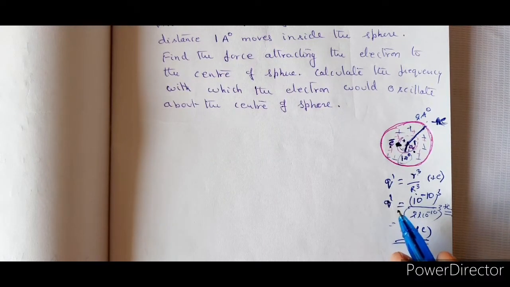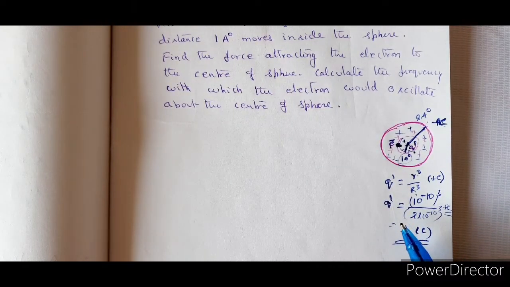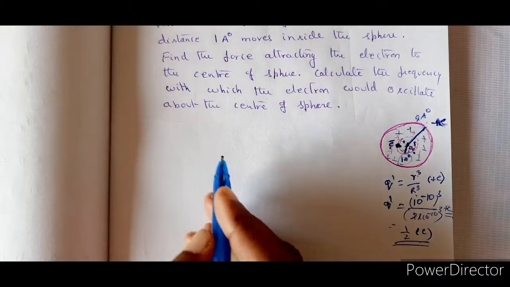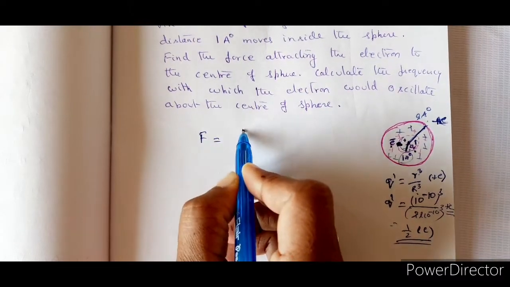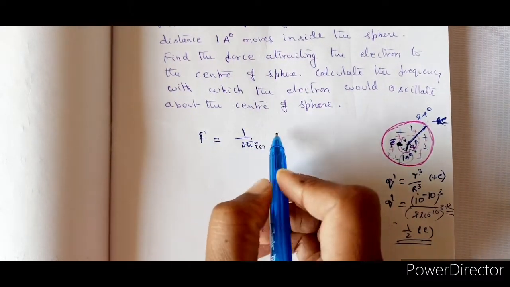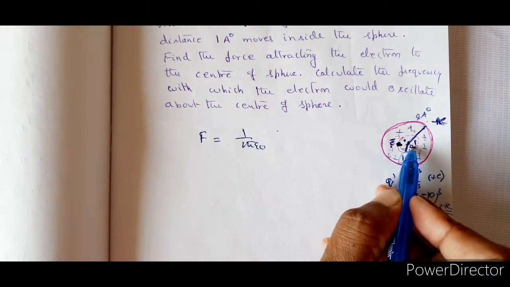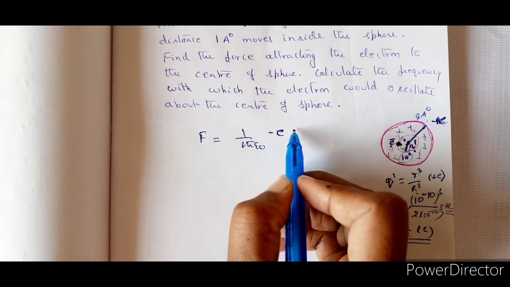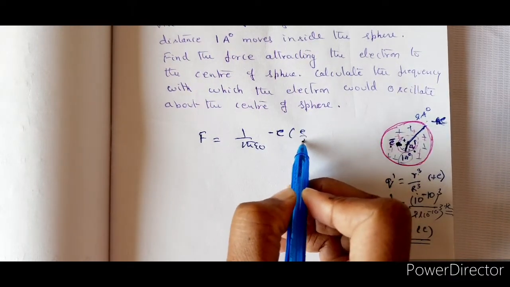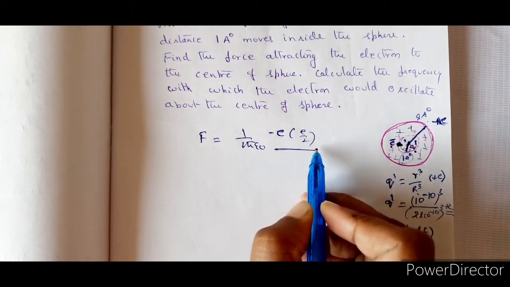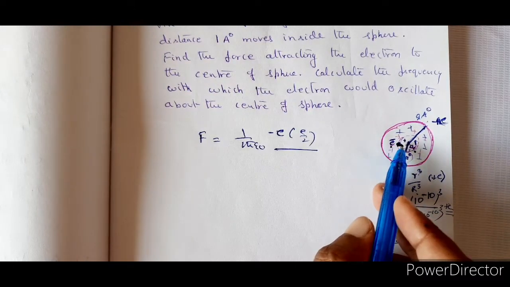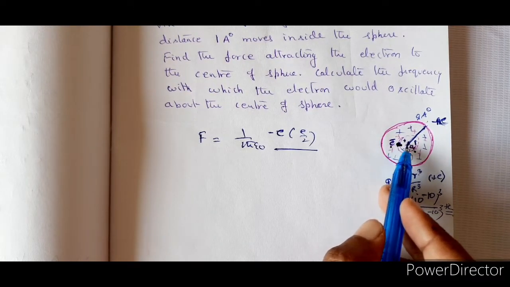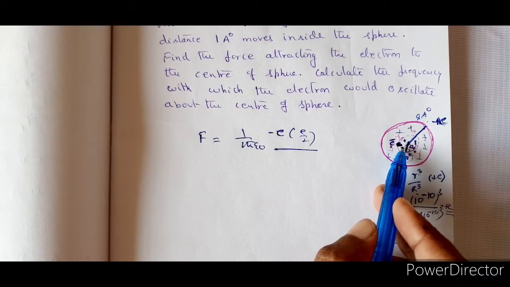What is the charge here? e by 2 is the charge. So now let us substitute that here. What is the force acting? The force is equal to 1 by 4 pi epsilon naught, q prime into e, the charge of the electron being minus e, and q prime is e by 2, divided by the distance square, that is small r square.